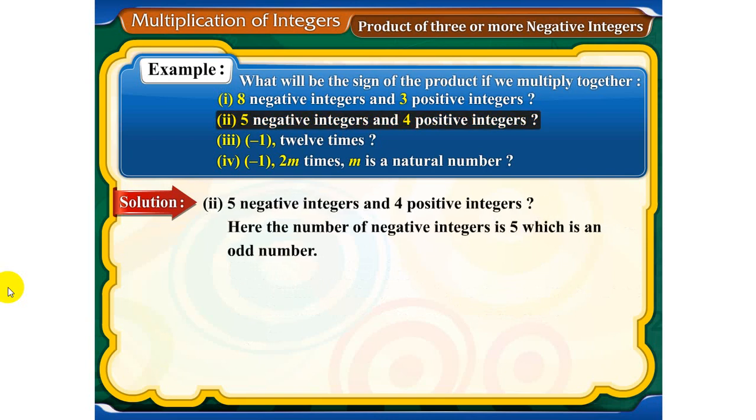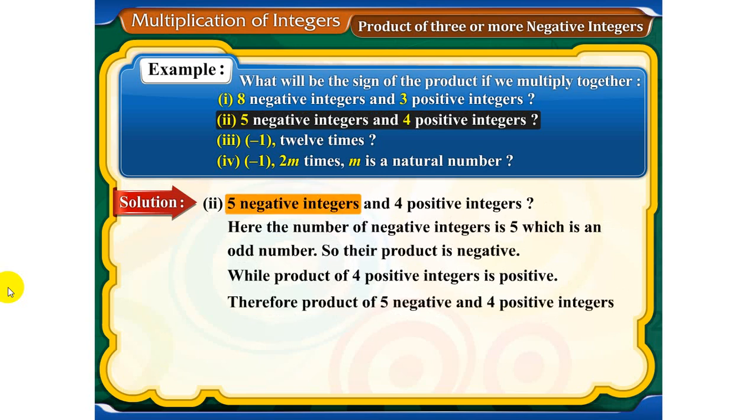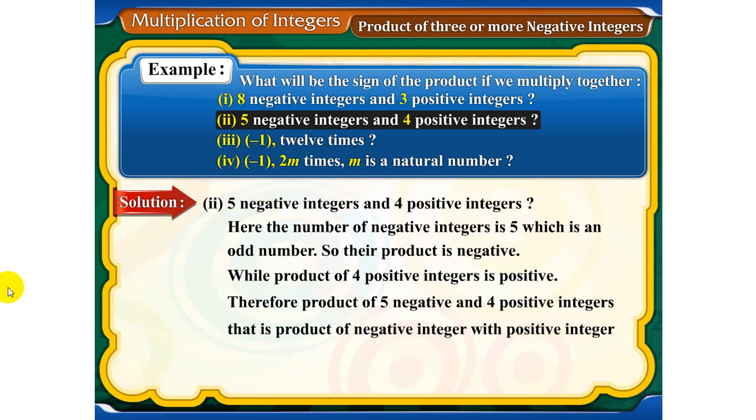Here, the number of negative integers is 5, which is an odd number. So, their product is negative. While the product of 4 positive integers is positive. Therefore, the product of 5 negative and 4 positive integers, that is, the product of a negative integer with a positive integer, is a negative integer.